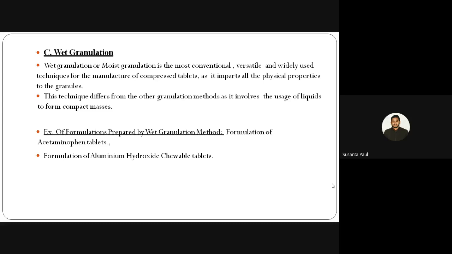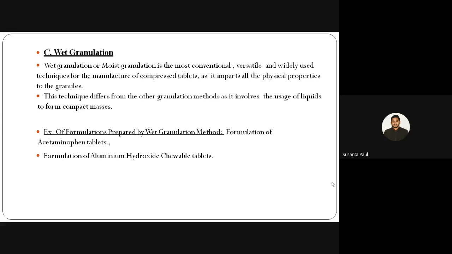The dried granules are passed through sieve number 20 to collect granules of uniform size, and the lubricating agent, glidant or lubricant, which may be a volatile substance, and the remaining part of the disintegrating agent are mixed together. So these granules are then ready to be compressed.